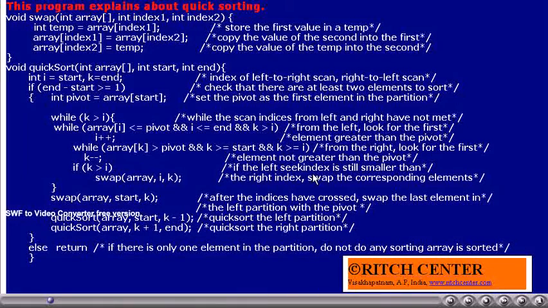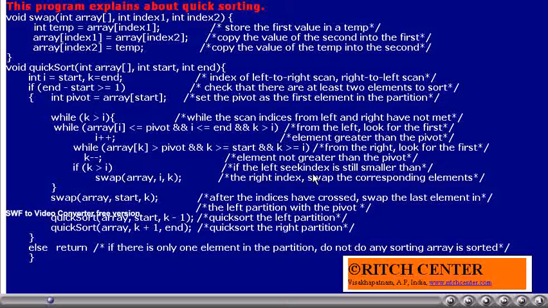Similarly, we have written another while loop which starts from the last element of the array, that is, index end, which we are taking as k, and we try to come towards the 0th element, that is the first element of the array, and try to find the element whose value is less than the pivot element.